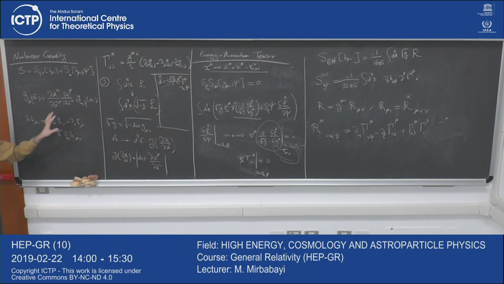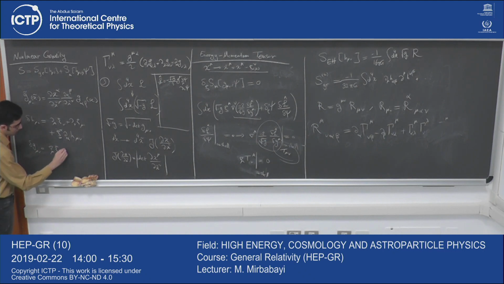That was never appearing in our earlier discussion, because we were working to lowest order in h mu nu, so this would be a subleading term. But now once you include all of these kinds of terms, it's still linear in xi. You will get delta g mu nu equals nabla mu xi nu plus nabla nu xi mu. The extra term proportional to the derivative of the metric is producing the Christoffel symbols.